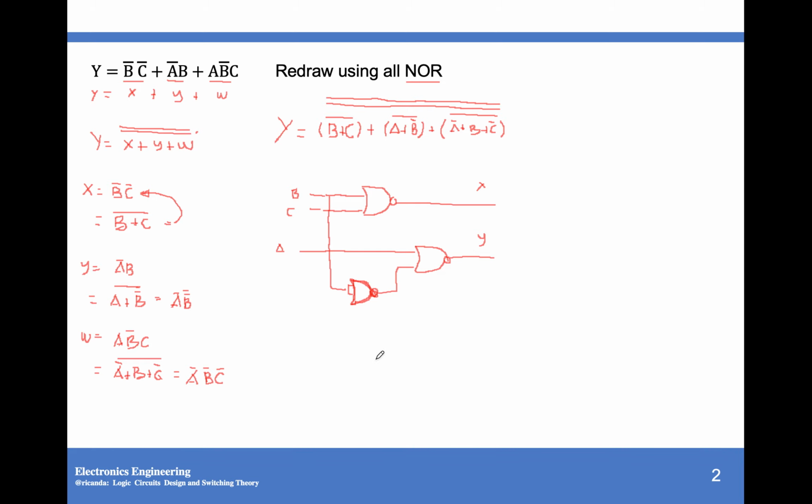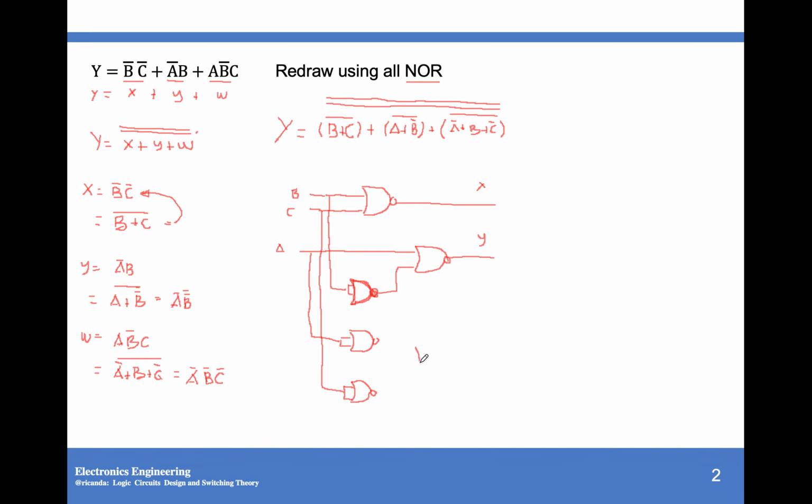In the third term, we have your E bar. So we have a NOR gate with connected input that is from your A. Then we have another NOR gate, and this one is from your C. And it is connected with a 3-input NOR.